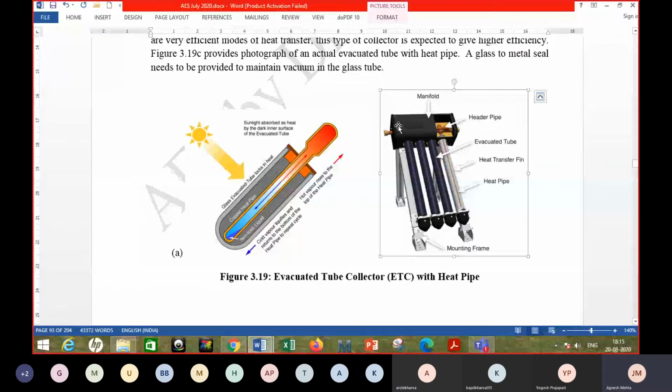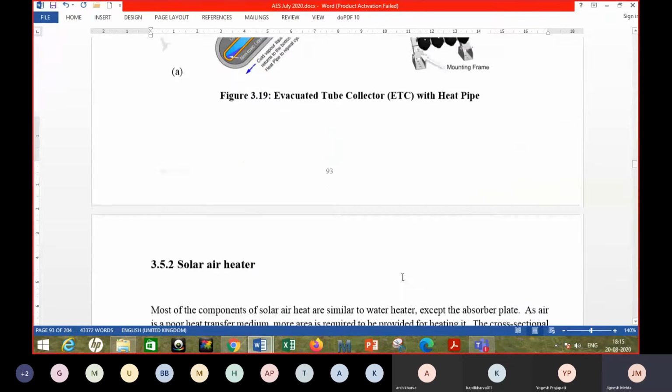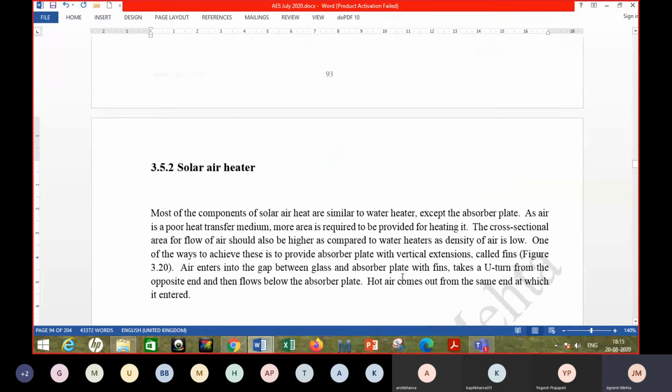And it is contained in a rectangular box, which is nothing but the manifold, and there can be insulation over this tube also to reduce the heat losses from that portion. So this is also one variety of evacuated tube collector used for water heating purpose.